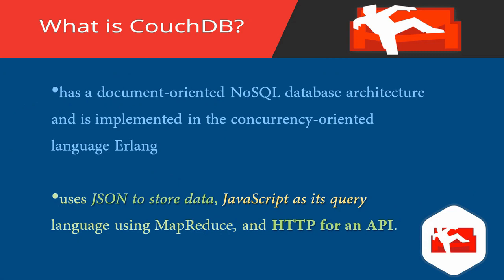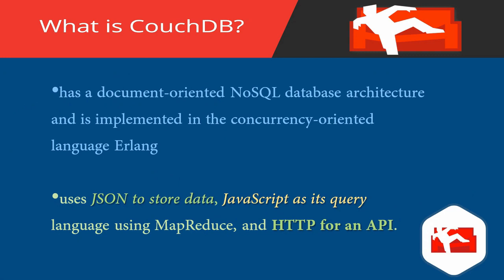It is document oriented. It is implemented with a concurrency oriented language, Erlang, which is a predecessor of the Elixir programming language, which is well known and trending these days. It uses JSON to store data in the document format, JavaScript as a query language, supporting MapReduce, and HTTP for an API.